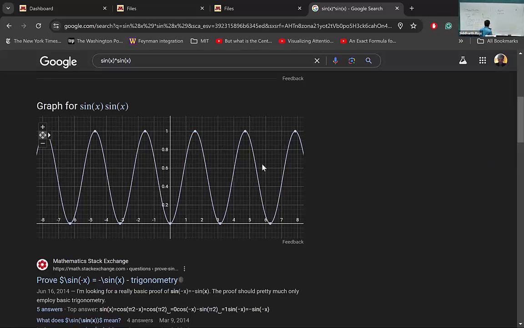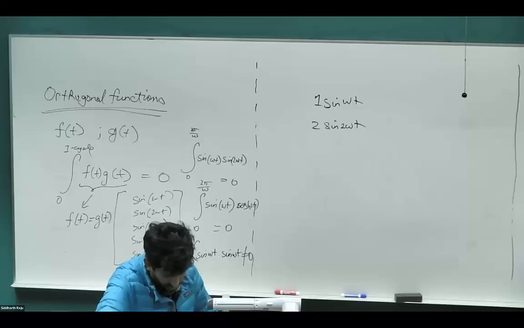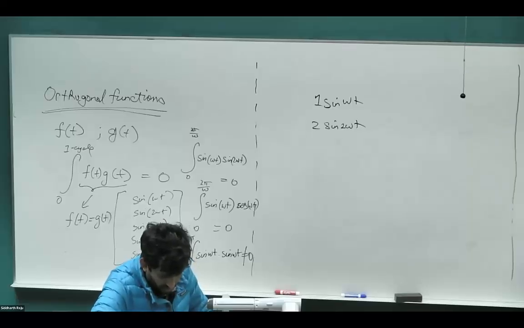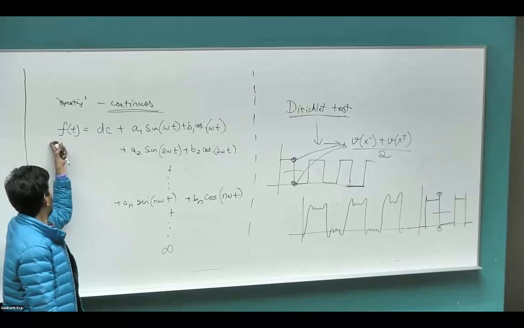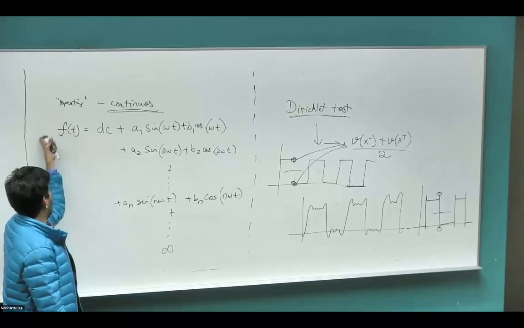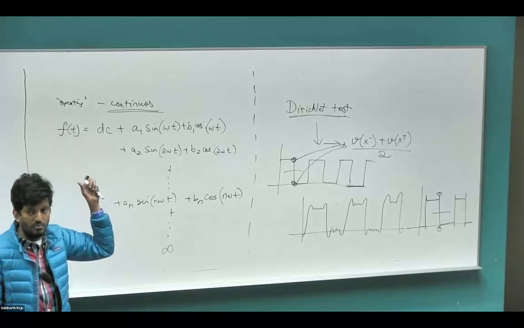But the key concept is, if I multiply this function f of t by sine omega t and try to integrate, and I integrate sine over one full cycle, what is the value?